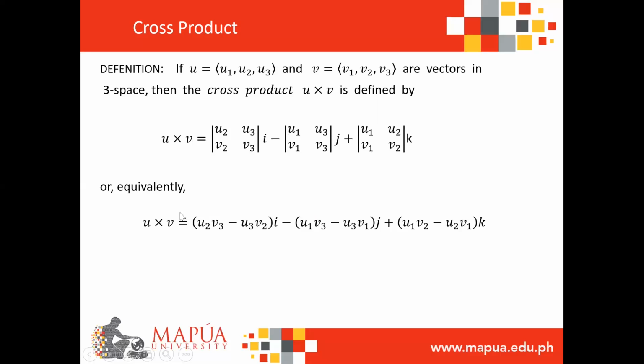Or equivalently, we may have this as the corresponding formula to simplify the result of this cofactor expansion, where u cross v equals (u2 v3 minus u3 v2) times i, minus (u1 v3 minus u3 v1) times j, plus (u1 v2 minus u2 v1) times k.